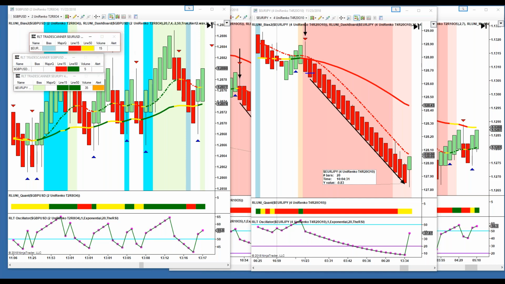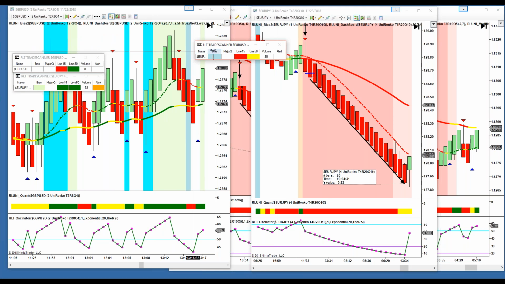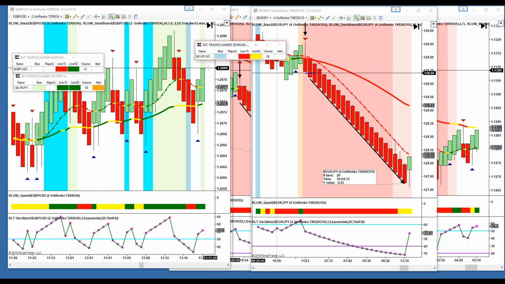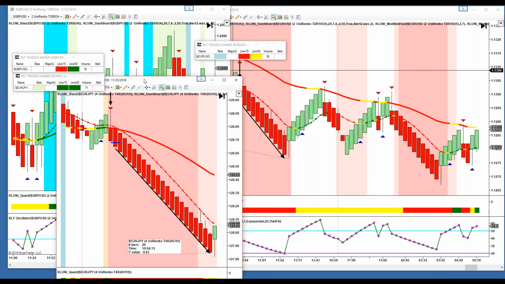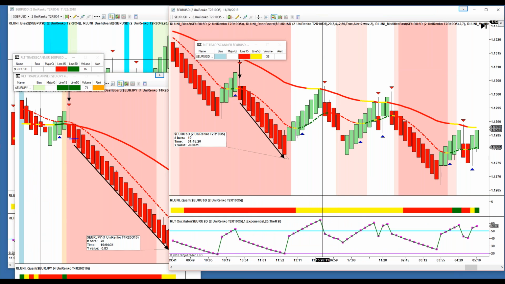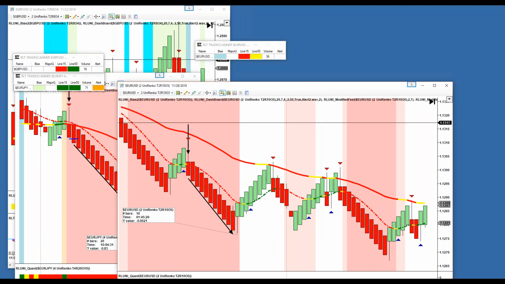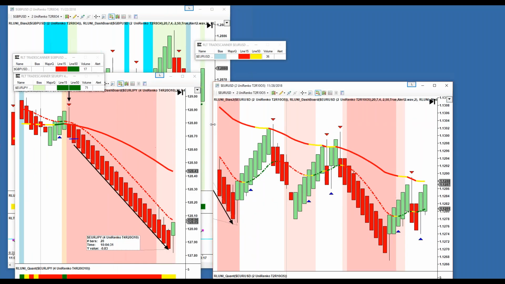What I would do is, here's the euro, just slide that over, the euro dollar. So I would take the euro dollar, it's right here, and I'd collapse the chart.